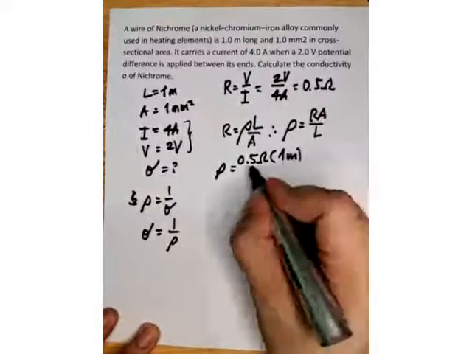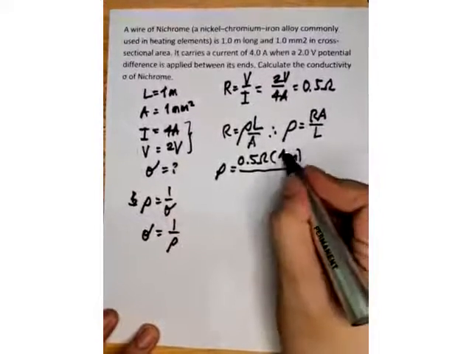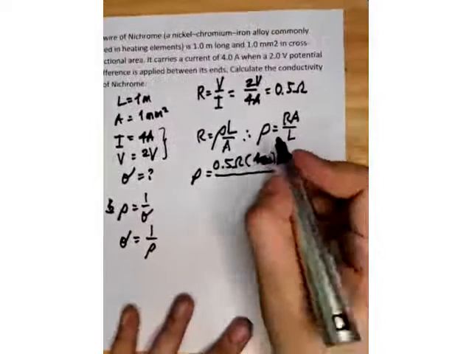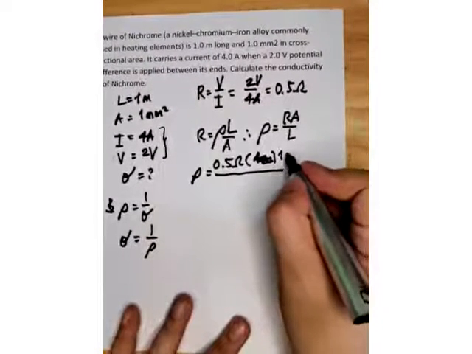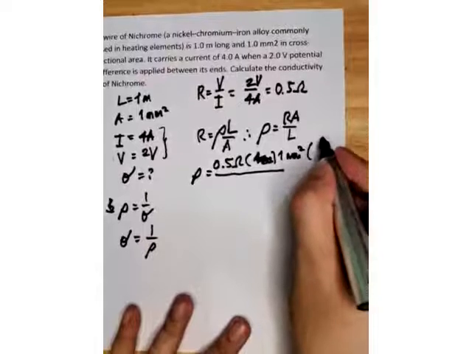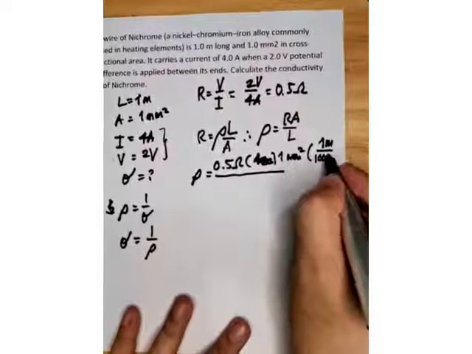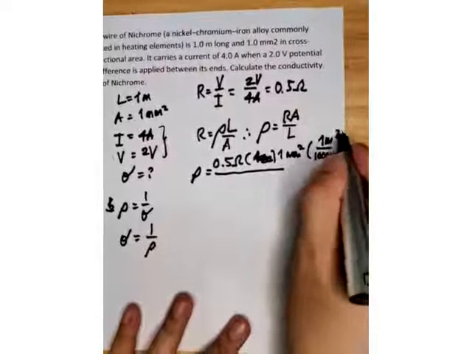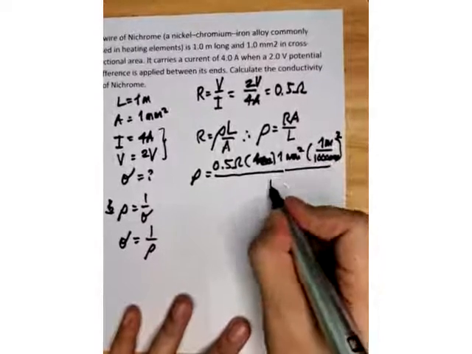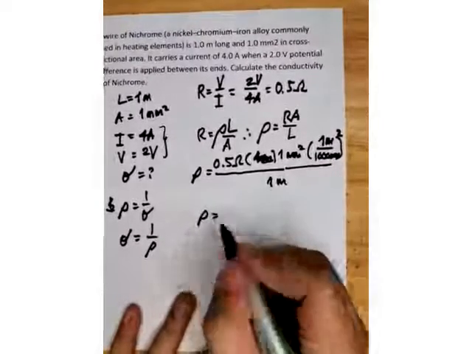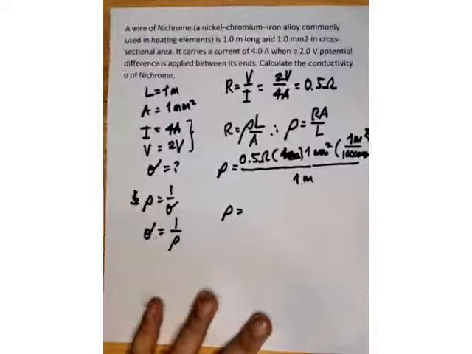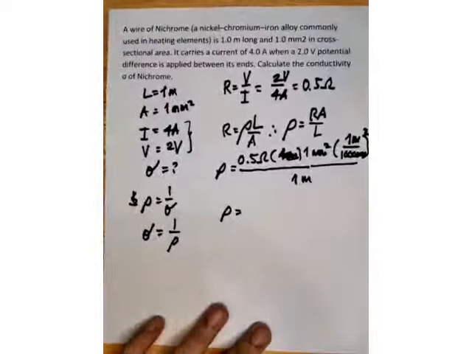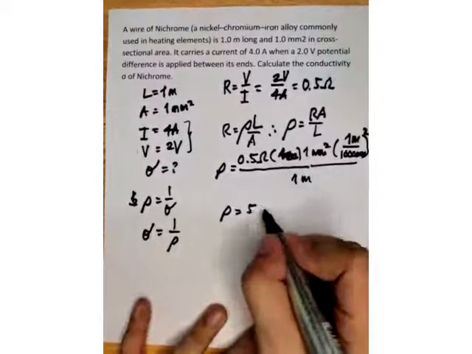So area is 1 millimeter squared multiplied by 1 meter over 1,000 millimeter, then square that all over the length of 1 meter. So what is the resistivity? Okay, 5 times 10 raised to negative 7 ohm meter.